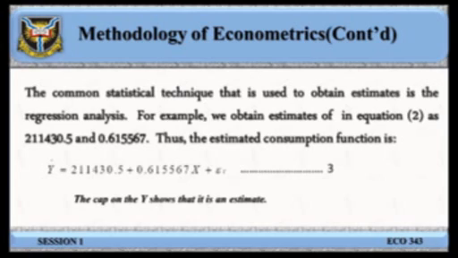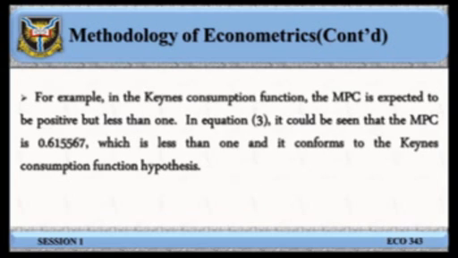In the words of positive economists like Milton Friedman, a theory or hypothesis that is not verifiable by appeal to empirical evidence may not be acceptable as part of scientific inquiry. For example, in the Keynes consumption function, the MPC is expected to be positive but less than 1. In equation 3, it could be seen that the MPC is 0.615567, which is less than 1, and it conforms to the Keynes consumption function hypothesis.